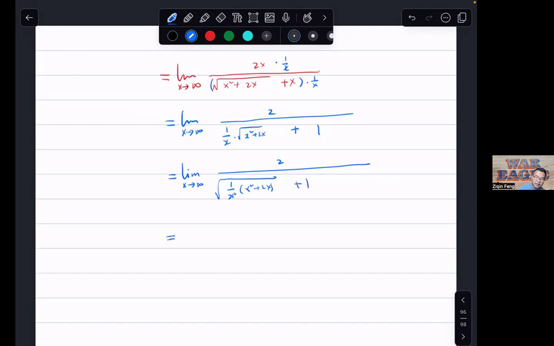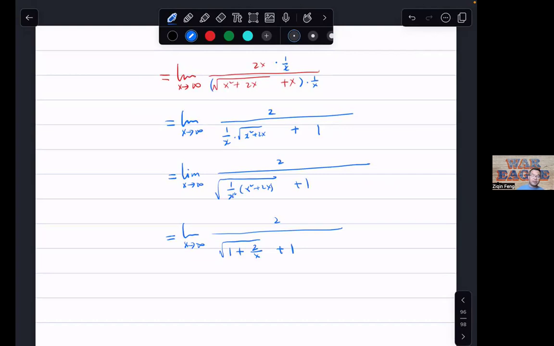So this is 2 over sqrt(1 plus 2 over x) plus 1. I just distribute 1 over x squared into the parentheses, right? You get 1 over x squared times x squared is 1, 1 over x squared times 2x is 2 over x.